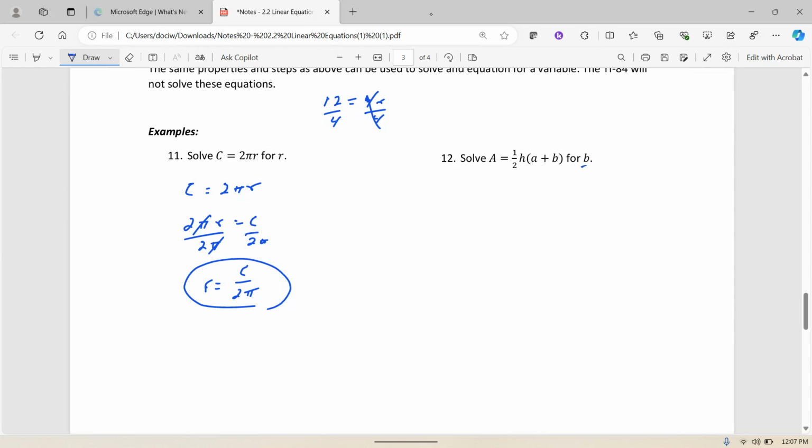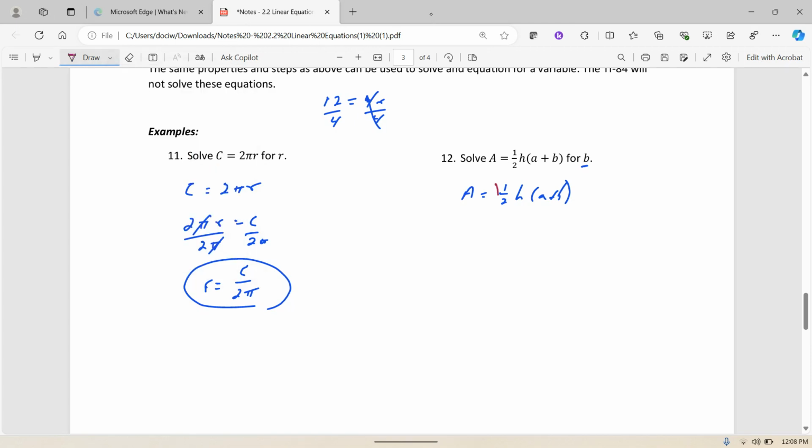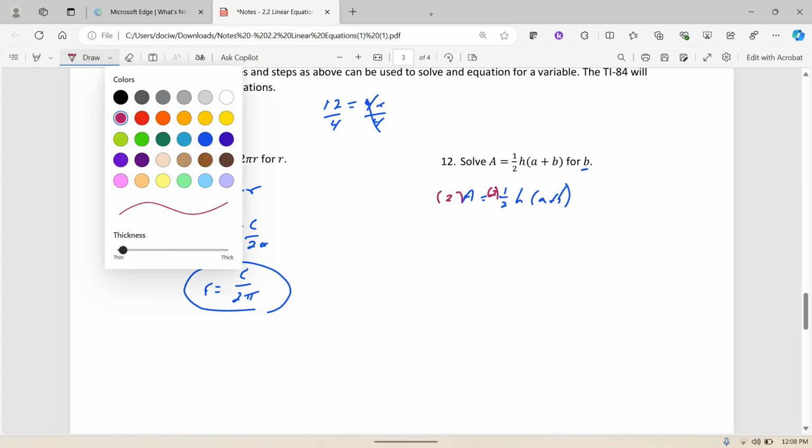One more here. If I want to solve number 12 for b, because of this 1/2, the first thing I want to do is get rid of the fraction. So I'm going to multiply both sides of the equation by 2.